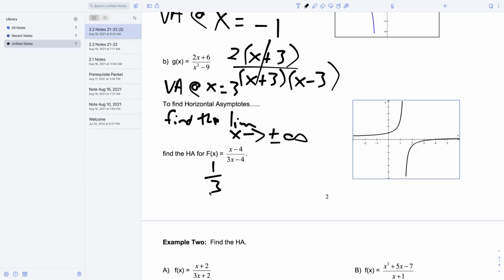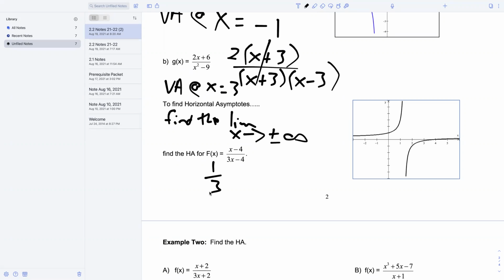Actually, it's not. This is wrong. Why is it wrong, Newhouse? Well, because Newhouse did not answer the question. What is the question? Find the horizontal asymptotes. So this is what you were telling me.